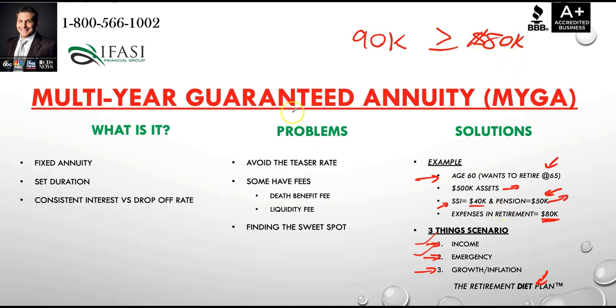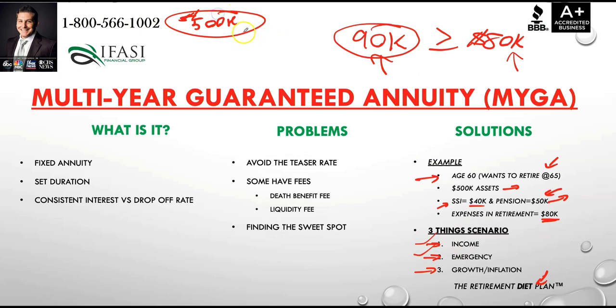We know he has $500,000 of assets. If he's already able to suffice his $80,000 of expenses, then he does not need to use assets or monies from this $500,000 bucket to accomplish his income step. So now he can move on to step 2. He didn't have to touch anything over here.